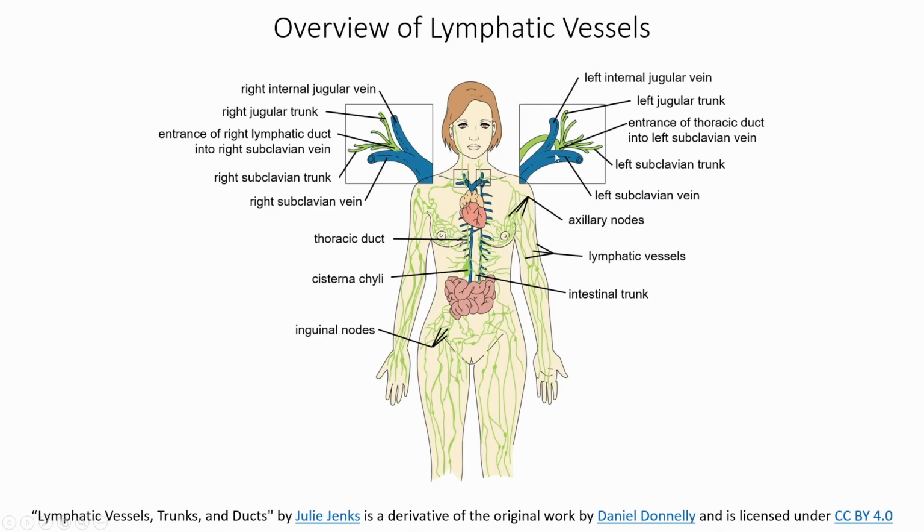On the left side, left subclavian trunk, left jugular trunk, and then the thoracic duct, right, into the left subclavian vein. The trunks have names that make sense, but the ducts that enter into the bloodstream, the lymphatic duct and thoracic duct, those names don't really have anything to remember them by. I don't really have a trick for remembering those particular ones.